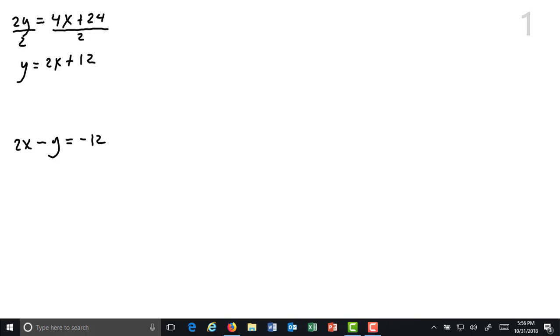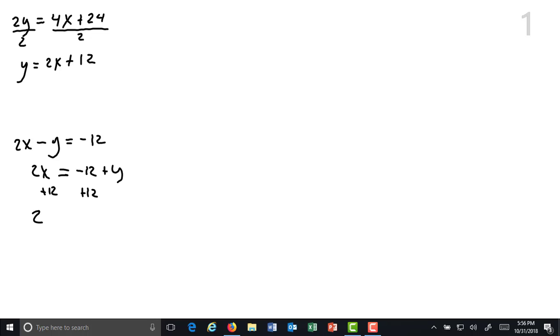Yeah. Now, over here, well, I'm going to add y to both sides. So I'm going to have 2x equals y minus 12 plus y, right? Because I added y to both sides. Now, that's not quite in the form that I want, so I'm going to add 12 to both sides.